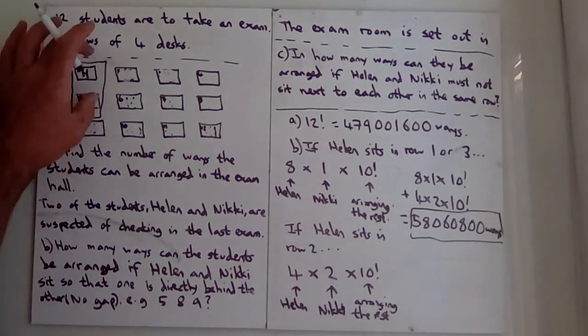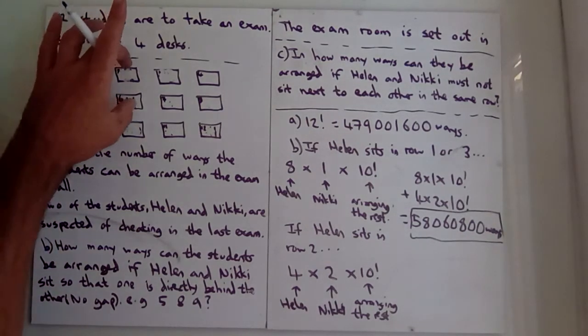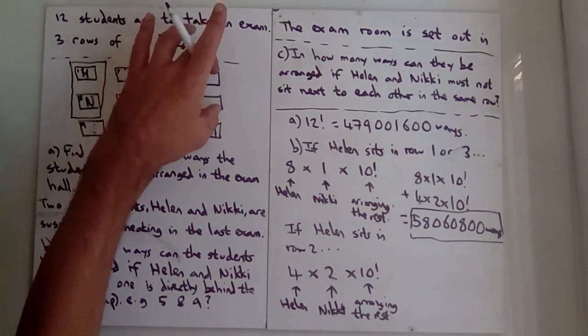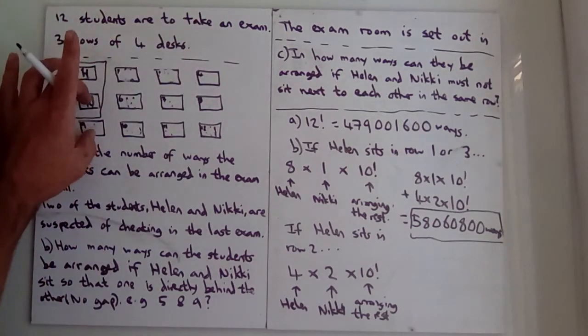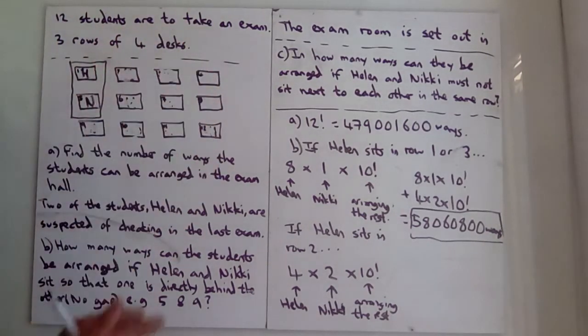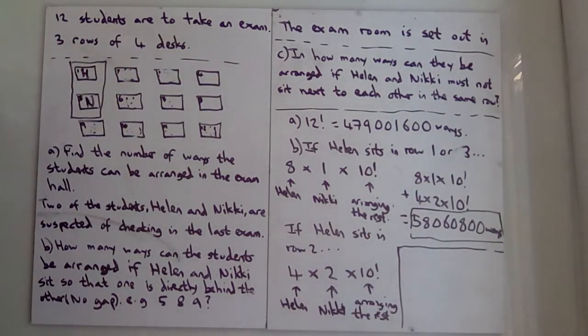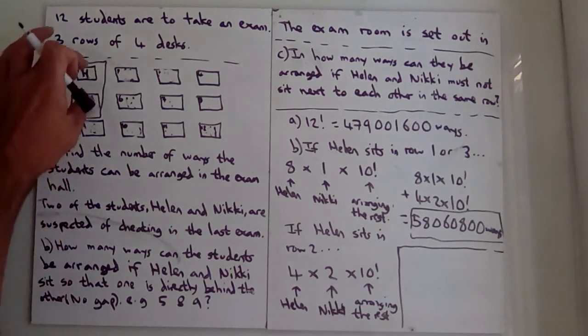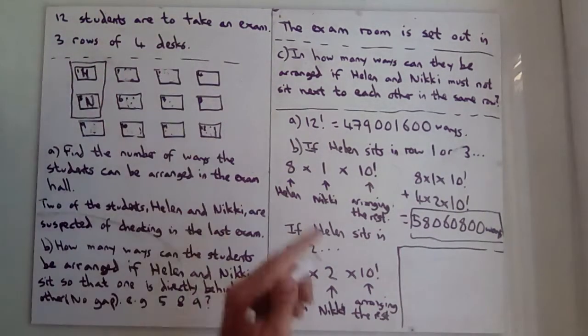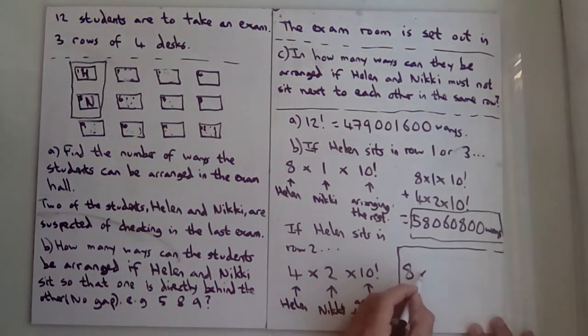So you could put this HN block here, or here, or here, or here. So that's 4 places. Plus, you could do it here, or here, or here, or here. So for this Helen and Nikki block, you've got 1, 2, 3, 4, 5, 6, 7, 8 places to put that.